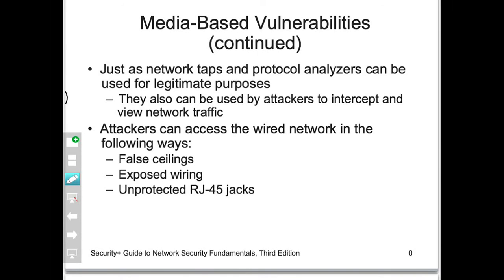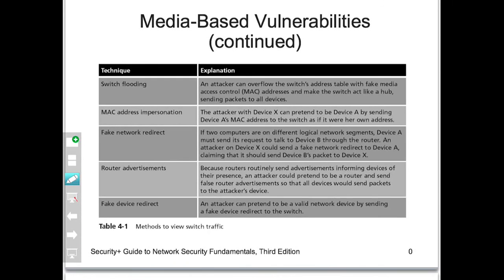Maybe at one point, I'm guessing a bomb threat, possibly, because our campus is old enough that way back when, campuses and residences built bomb shelters. So more than likely that was a thought as well. So false ceilings are real popular, and exposed wiring and unprotected jacks can cause a lot of vulnerabilities.